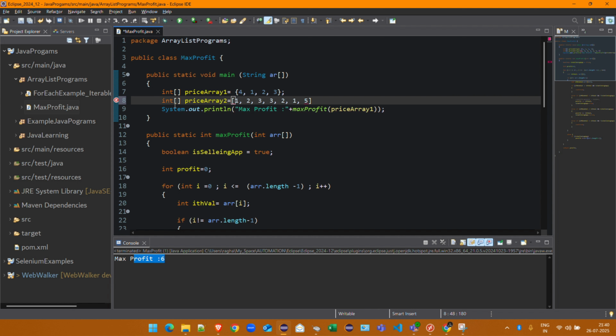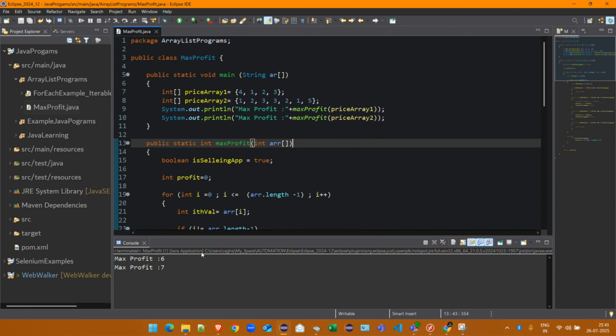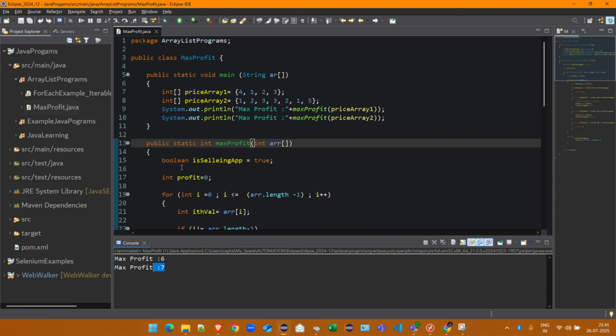And the array that is given, we'll have to change it to curly braces, right? And I'll copy the statement to re-execute this method, this time with price array 2. Let us see what it has to say. Max profit is 7, right? So here it should return 7, right? Let us take the third and final.